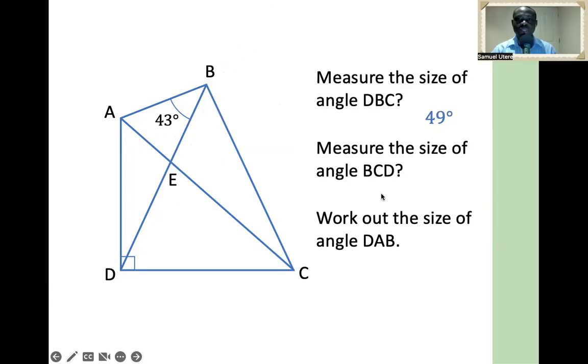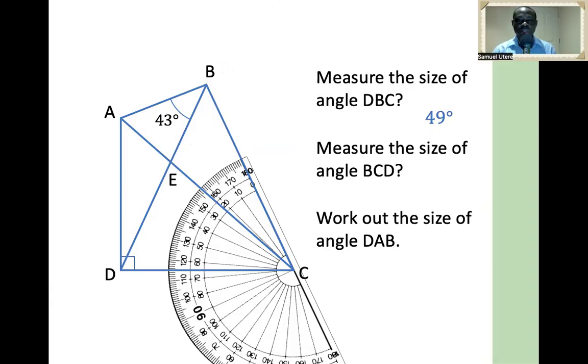We want to measure the size of angle BCD. Again, we position the protractor so that the 0 line lines up with one of the line segments, and the vertex is at the crosshairs. Remember our technique. And then we simply read our angle. In this case, the angle is 65 degrees.